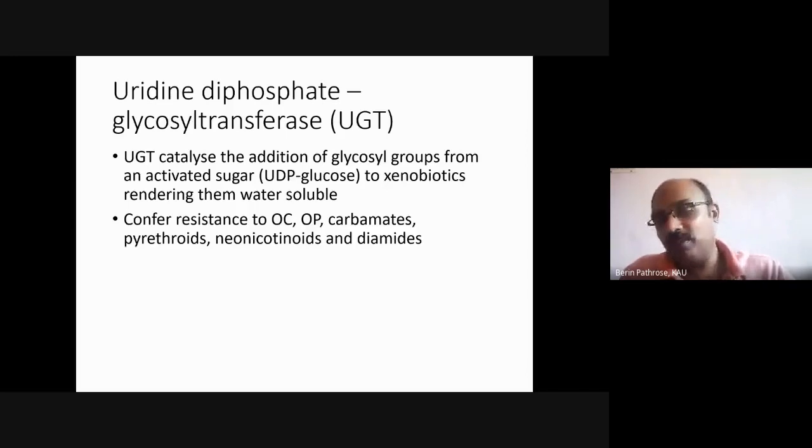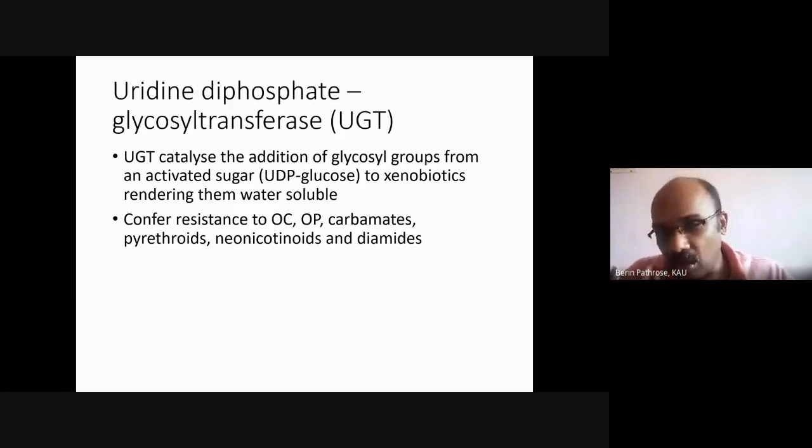This UGT enzyme, uridine diphosphate glycosyl transferase, was reported in living systems for long, but its role in insecticide resistance was studied thoroughly only lately, mainly after the development of molecular biology, especially mRNA expression studies, after real-time PCR became extremely popular.